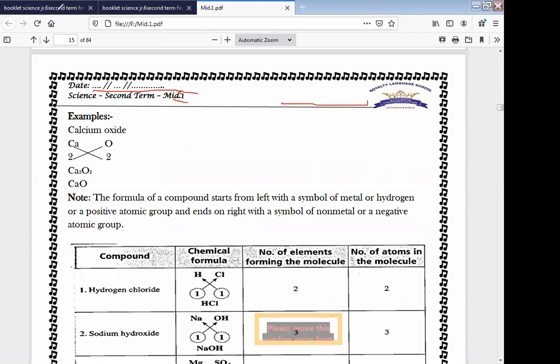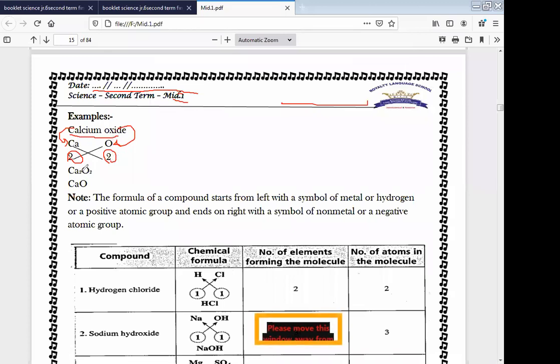Now, I want to write the chemical formula of calcium oxide. So I write calcium oxide, the name of the compound. After, down calcium, I write the symbol Ca, and oxide, O. Calcium is divalent, oxygen is divalent. Then exchange the valences. Here both are 2, so 2 comes here and 2 comes here: Ca2O2.